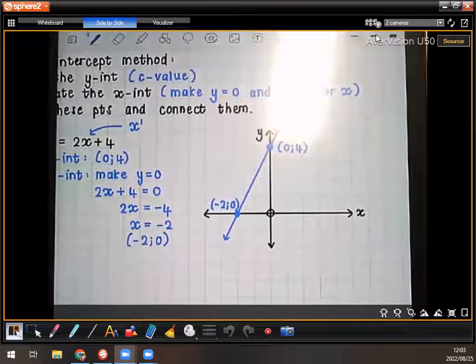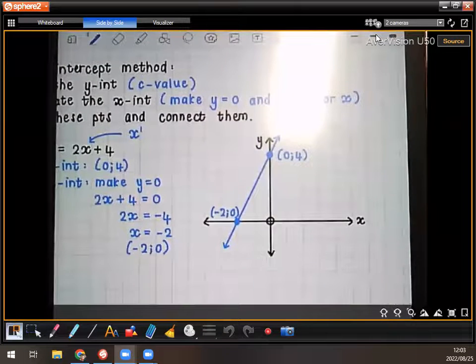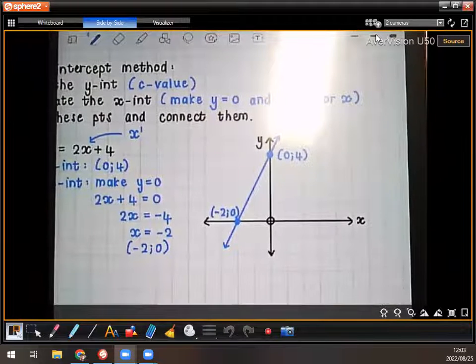If you draw 2 different straight lines, then you must label them.